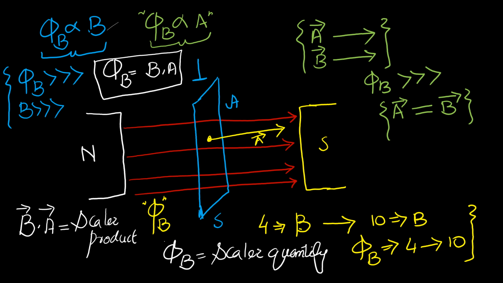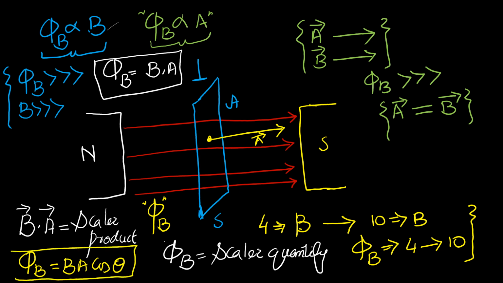So the formula for magnetic flux, since it is a scalar product of magnetic field and area, will be BA cos theta. So the formula of magnetic flux becomes BA into cos of theta.